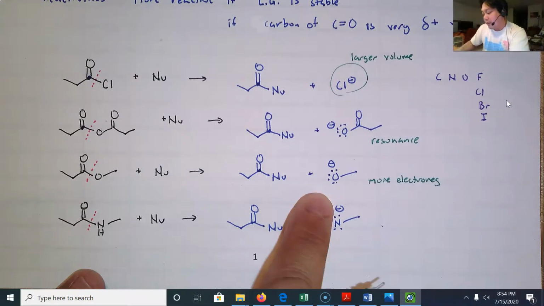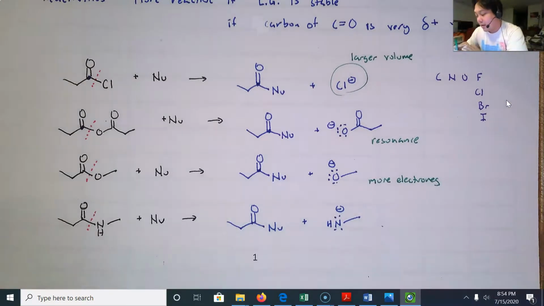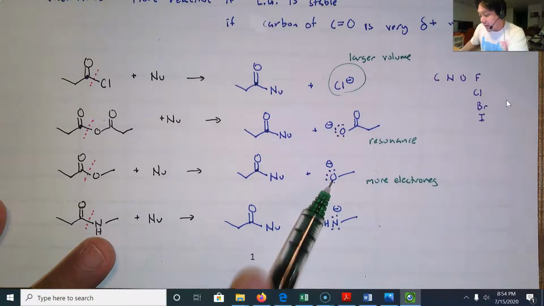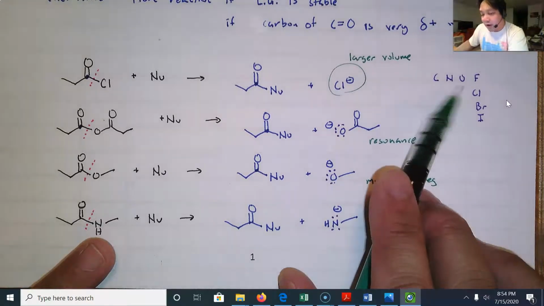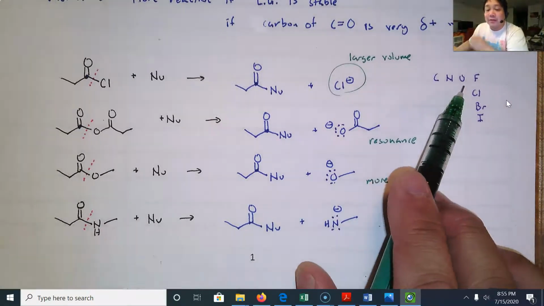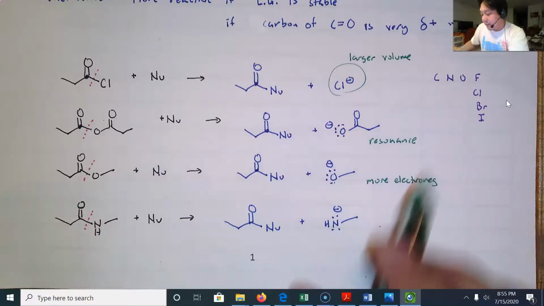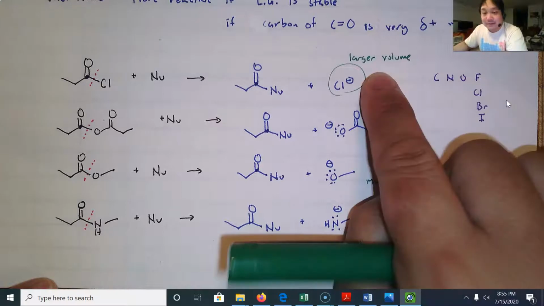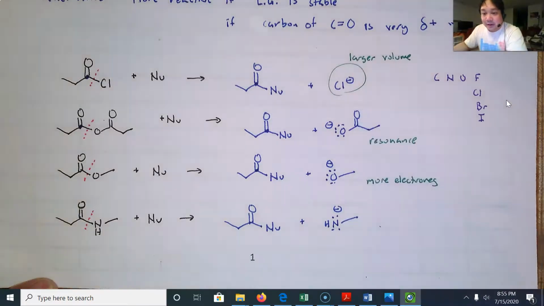How come that didn't win over chlorine? If you recall your acid-base chemistry, if you're comparing two atoms that have anions and they are on the same row, the same period, you go by electronegativity. But if you're comparing two atoms that are in different rows, you go by the size.